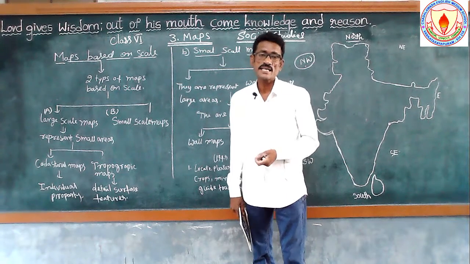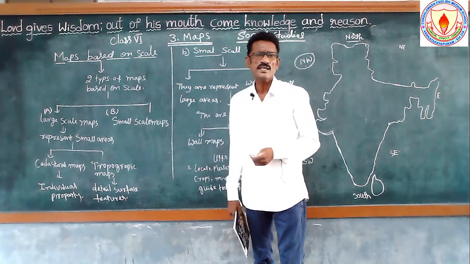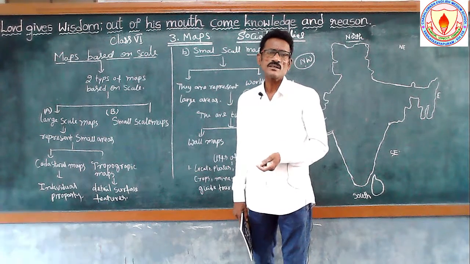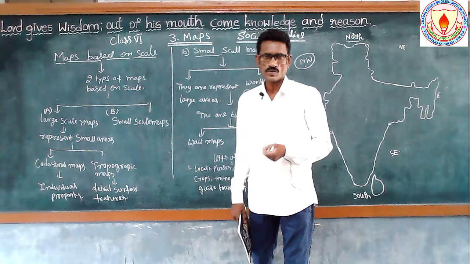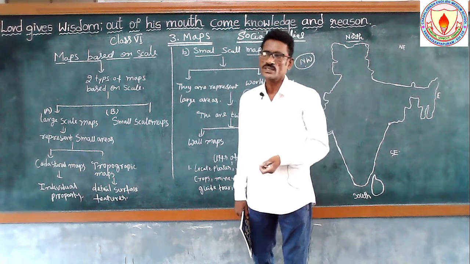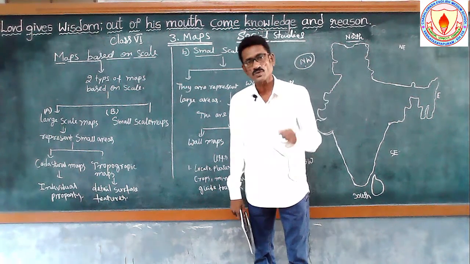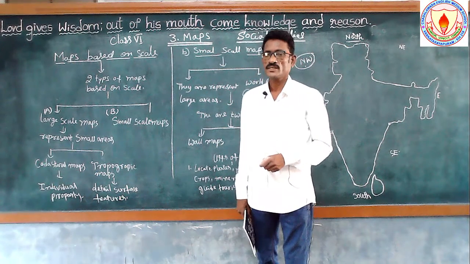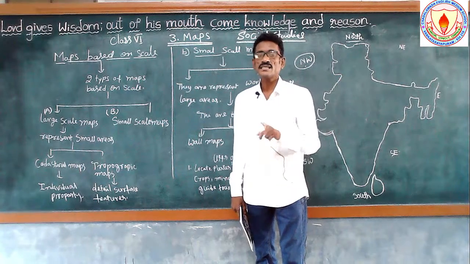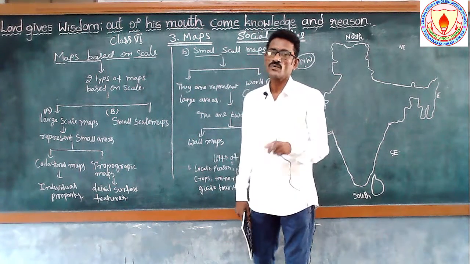Actually the main oceans are only 4, and the fifth is the Southern Ocean. Why is it called the Southern Ocean? The southern part of the Pacific Ocean, the southern part of the Atlantic Ocean, and the southern part of the Indian Ocean together are called the Antarctica Ocean. So these are the 7 land masses and 5 oceans.